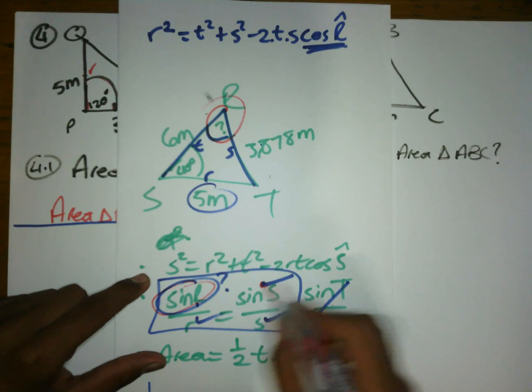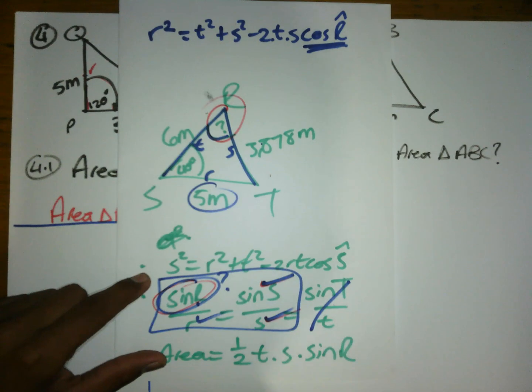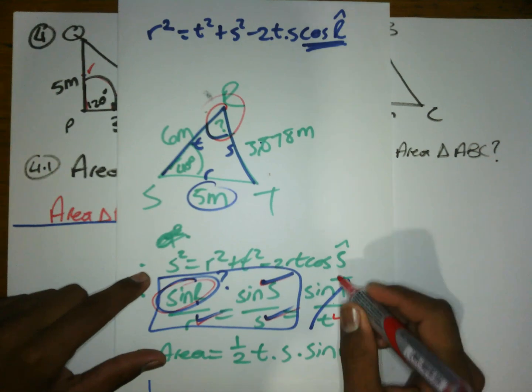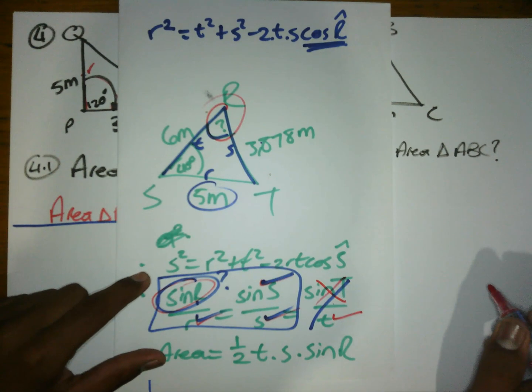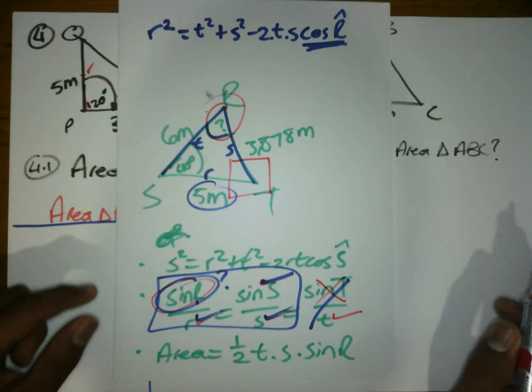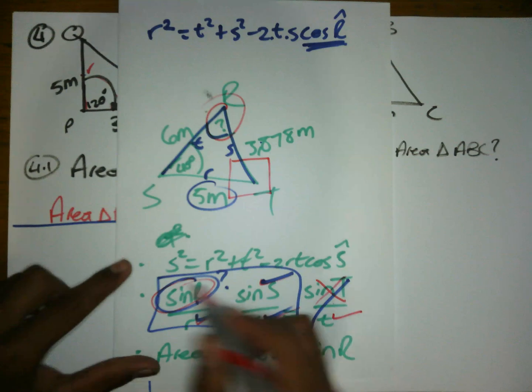Because I had angle S, I had side S, I had side R, I even had side T, but I didn't have angle T, so I couldn't use it over here. But for sine rule, I just need two.